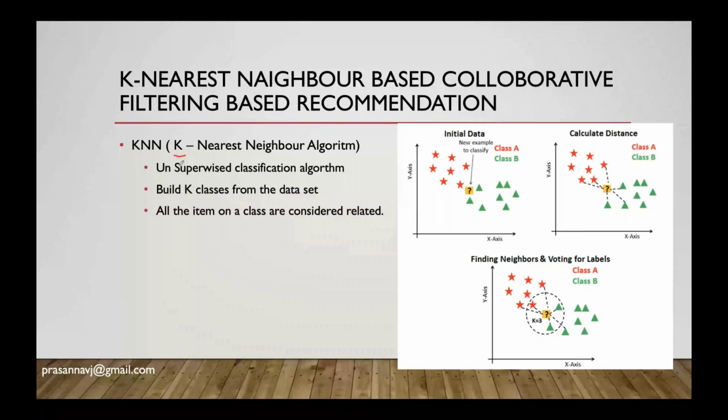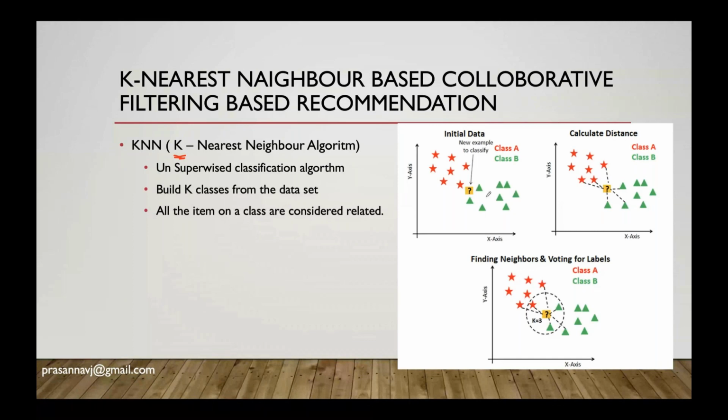Let's take users as a feature. Based on their history of movies that they have watched and the type of movies, we can classify them into k groups. If k is 2, all the users will be grouped into two groups. If k is 10, all the users will be grouped into 10 groups.